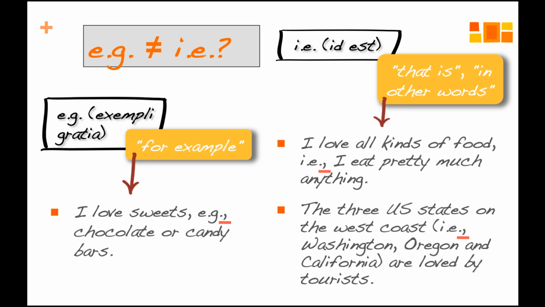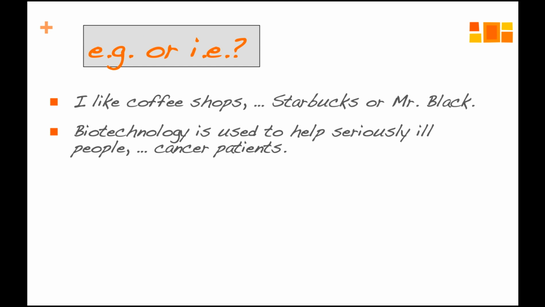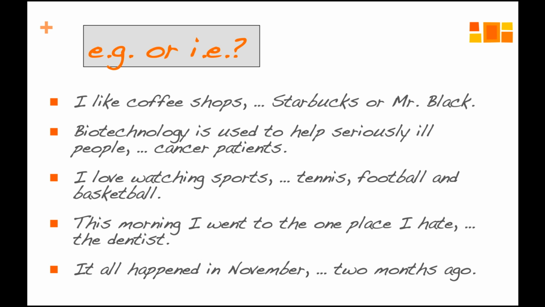It's perfectly alright to use for example and to use in other words or that is. It's not a problem. So, I told you there would be a page with exercises, and here it is. What I want you to do now is stop that video, hit the pause button, read through the sentences, and quickly write down whether you would put in e.g. or i.e. So, stop the video now, ladies and gentlemen, and do that exercise.